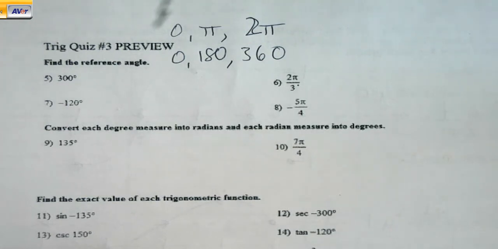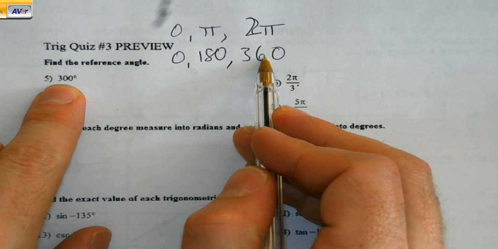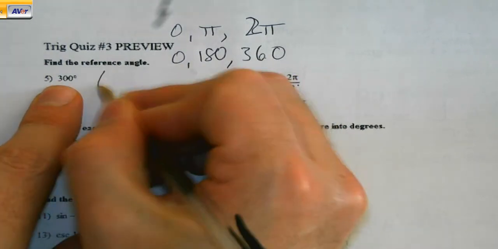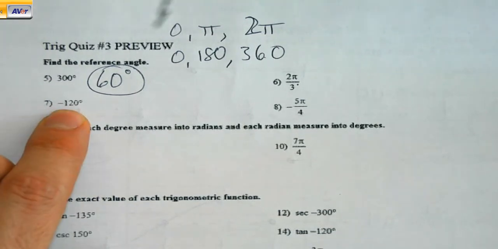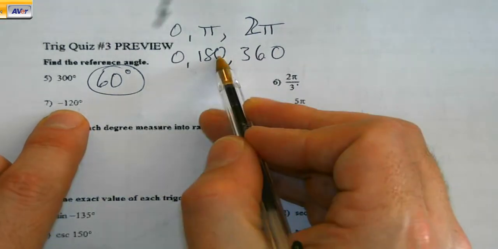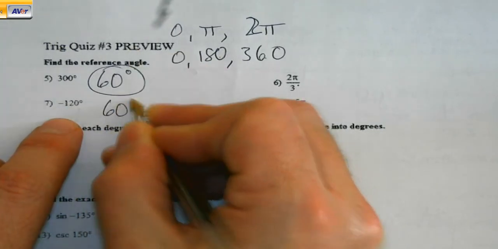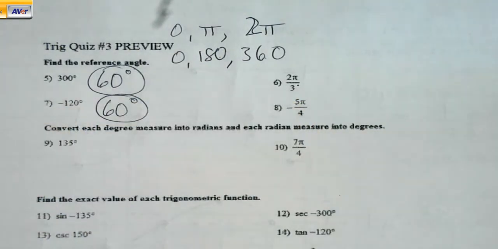So when we're finding our reference angle, 360 is the closest. Just subtract them. Okay? Other thing with references, they're always positive. So here, ignore the fact that that's negative 120. Pretend it's 120. 180 minus 120 is 60. It's not negative 60.